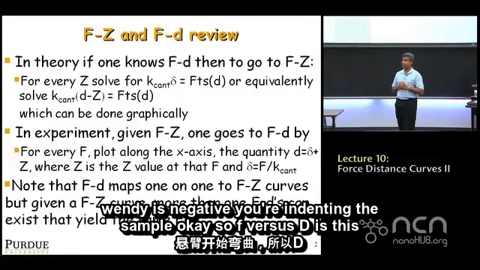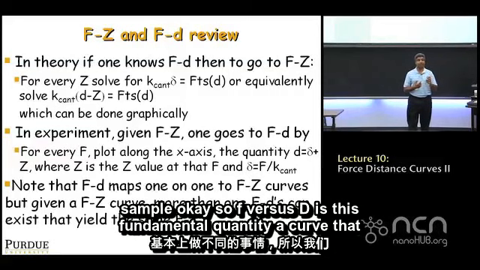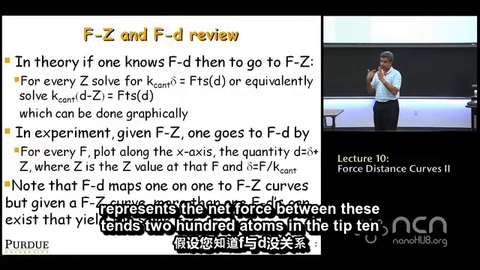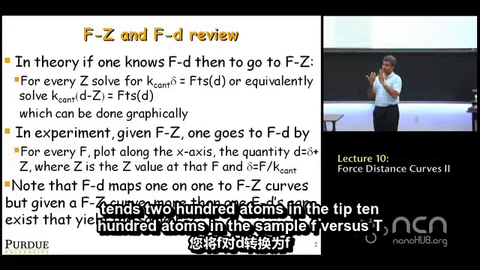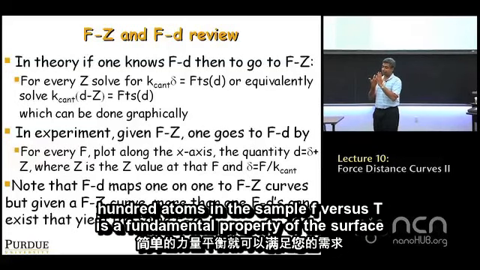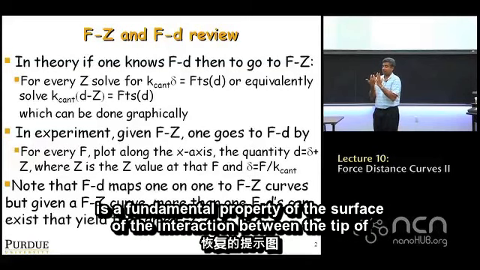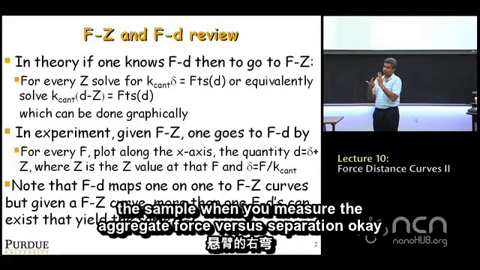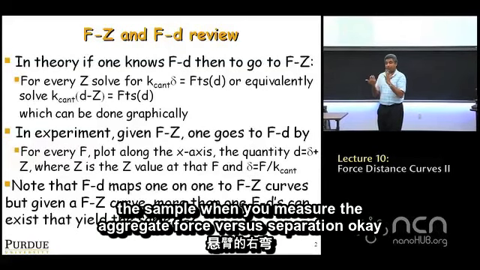So F versus d is this fundamental quantity, a curve that represents the net force between the 10 to 100 atoms in the tip and the sample. F versus d is a fundamental property of the surface, of the interaction between the tip and the sample, when you measure the aggregate force versus separation, okay, FD.